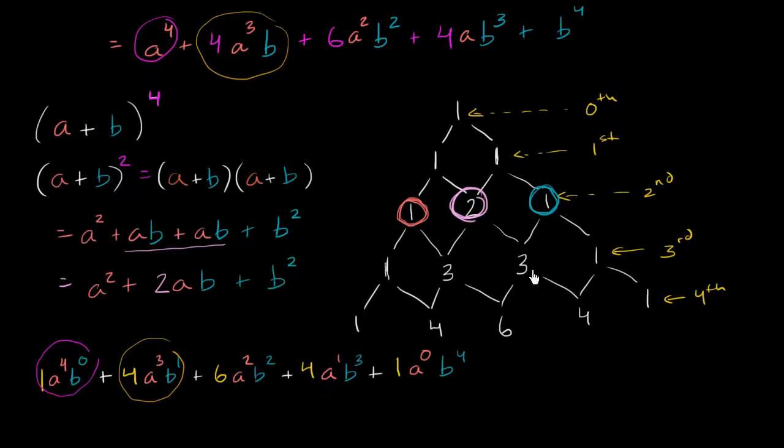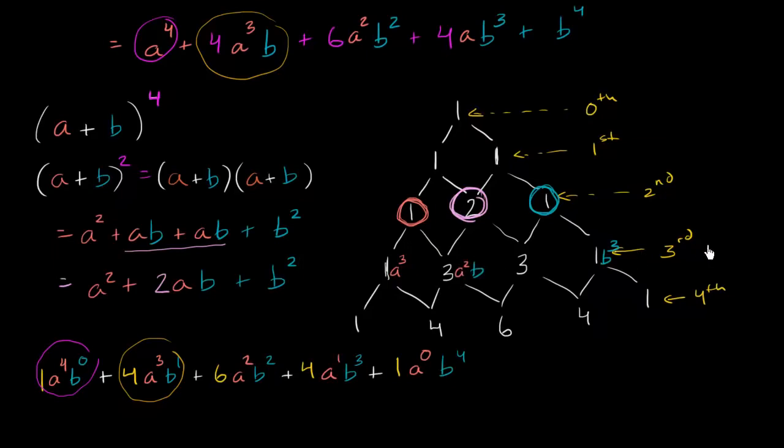If you extend it to the third power, you would say, okay, there's only one way to get to a to the third power. You just multiply the a's all together. And there is only one way to get to b to the third power. But there's three ways to get to a squared b.